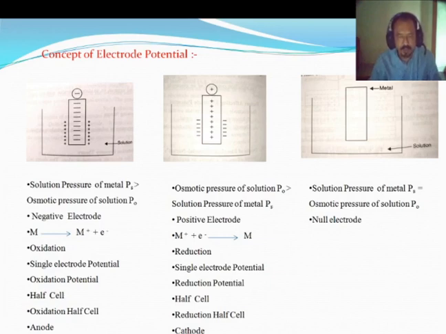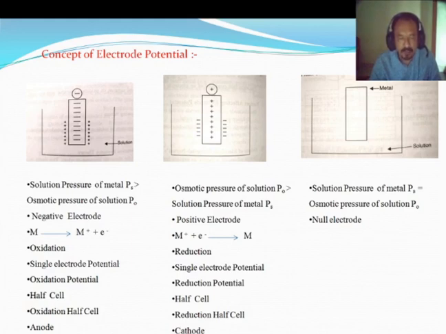Now when two processes are taking place simultaneously, on that basis there are three possibilities. First possibility, if the solution pressure of the metal, that is PS, the tendency to pass into the solution, is greater than the osmotic pressure of the solution, that is the tendency to get deposited on the metal.